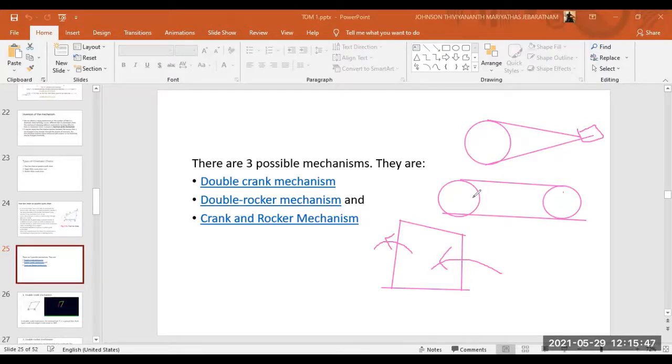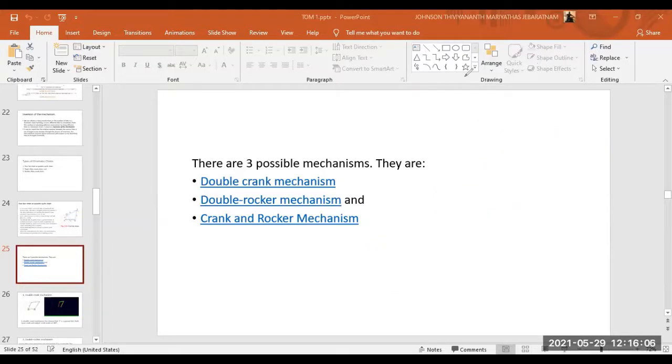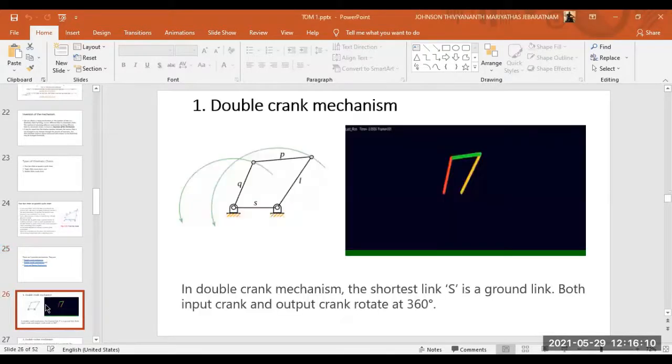The other one is double rocker, with two oscillatory motions, and the other one is crank and rocker mechanism. These are the three possible mechanisms for these inversions.